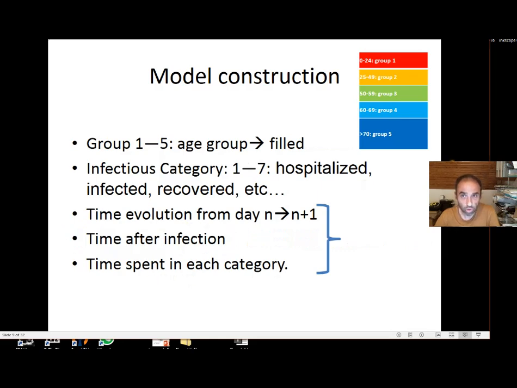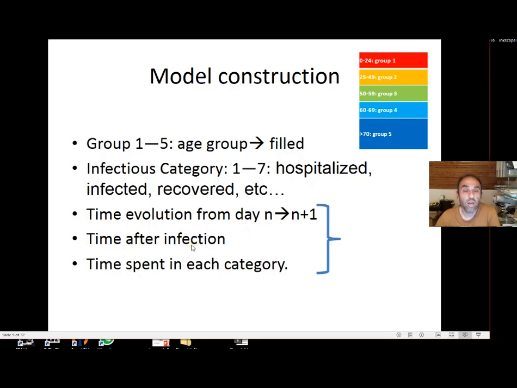The model construction is made for the 5 groups. Then we introduce the notion of category, such that a person that is infected, hospitalized, in ICU or recovered, each of these corresponds to a category. The subtlety of the model is not only to have the time evolution per day, but the time after infection.